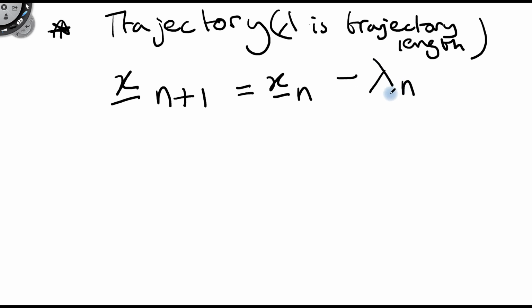So lambda n is a trajectory length, and we multiply our gradient times the trajectory length.